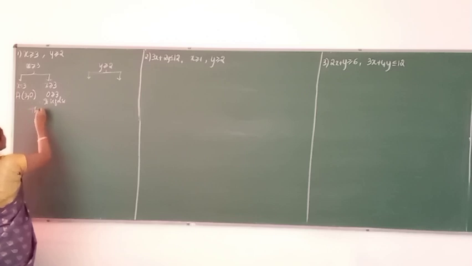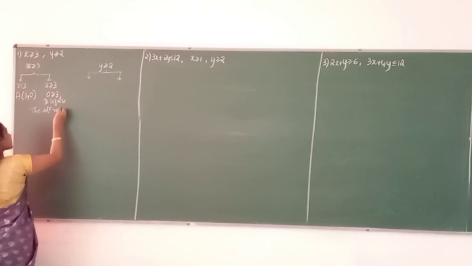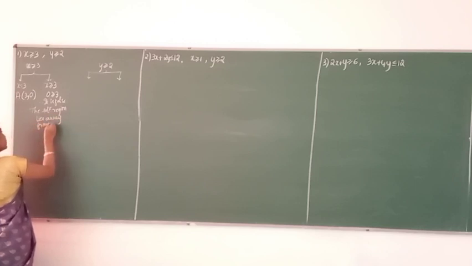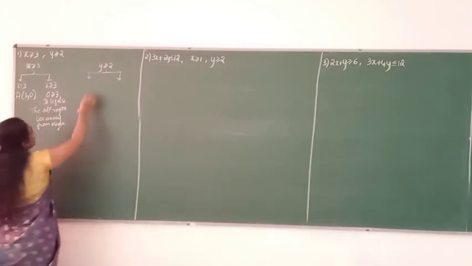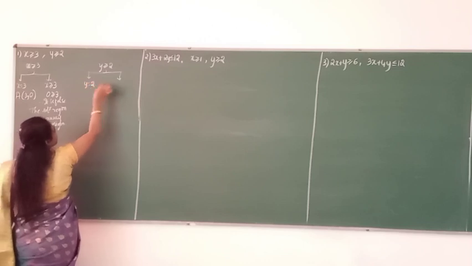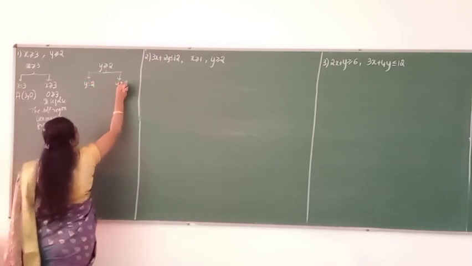The solution region lies away from the origin. This is the first one. Next, the second one, y is equal to 2 and y is greater than or equal to 2.